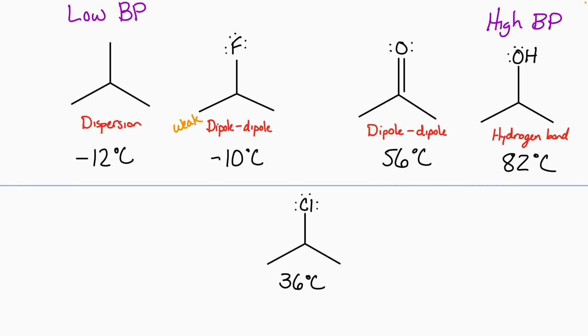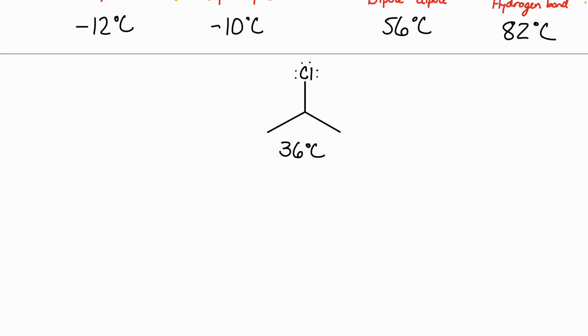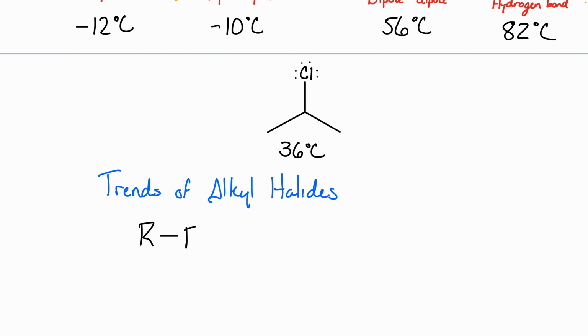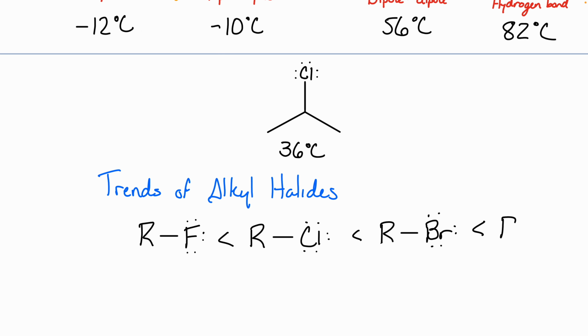All right, but we can note here in terms of our trends of our boiling points, so let's just call this trends of alkyl halides. An alkyl fluoride is going to have a lower boiling point than an alkyl chloride, lower boiling point than an alkyl bromide, lower boiling point than an alkyl iodide.